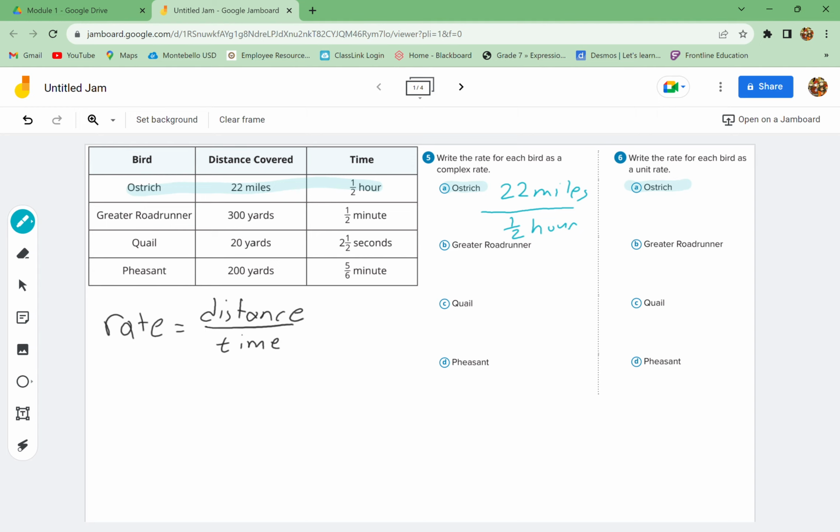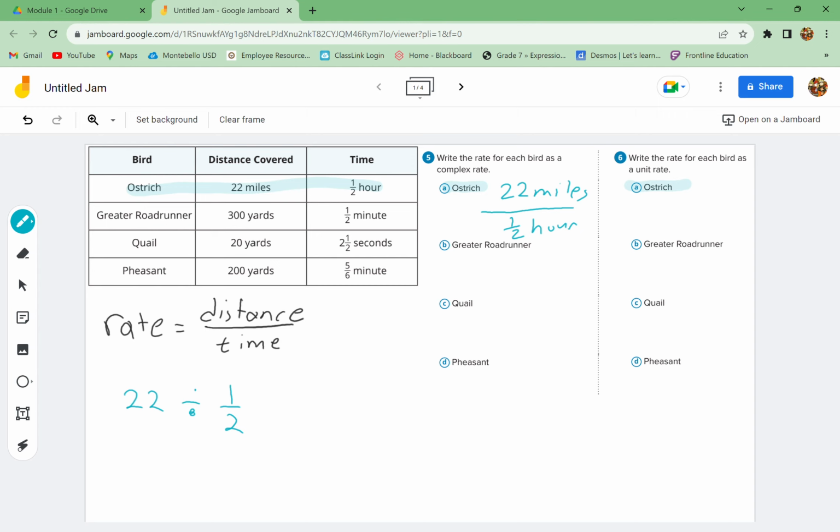What we do is change the complex rate into something easy, just like we did in class before. So when I do the work here, I'll have 22 divided by, and again this division comes from the division bar right there, divided by a half.